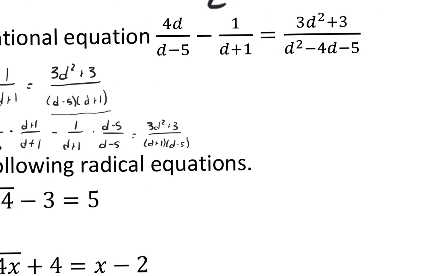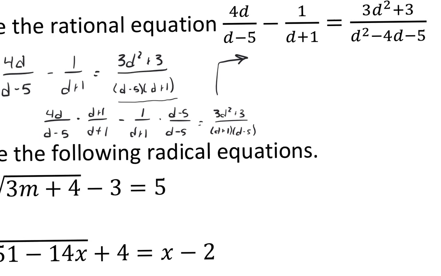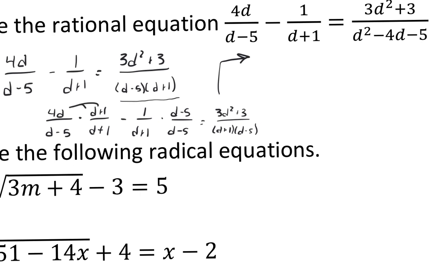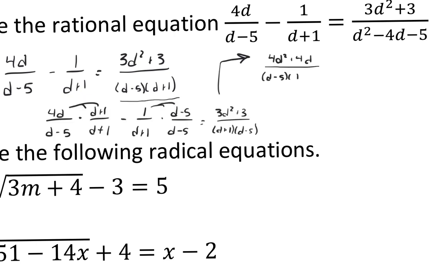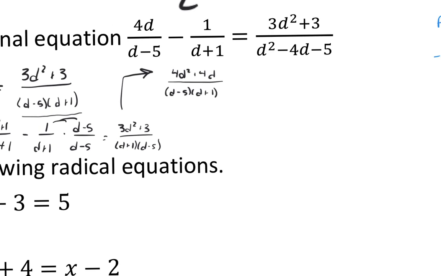Awesome. So now our next step is going to be, I'm going to go ahead and FOIL this out, and go ahead and FOIL that out. So that way I have 4d squared plus 4d over d minus 5, d plus 1, minus d minus 5 over d minus 5, d plus 1 is equal to, again, this value.